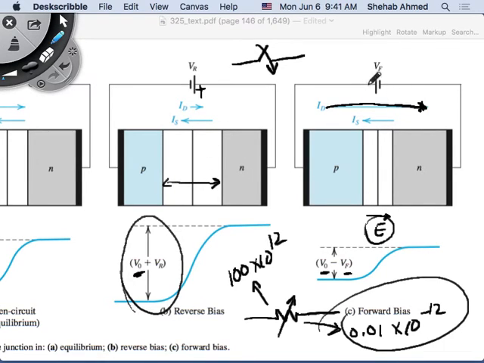And how do you decrease it? By adding an external voltage source whose positive terminal is connected to the P-type material. Okay, so this is open circuit, and this is called the reverse bias. And this is called forward bias. Okay? Do we see this?